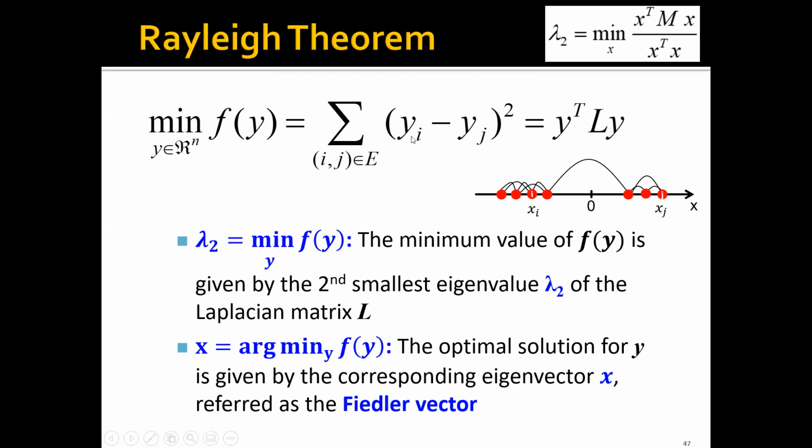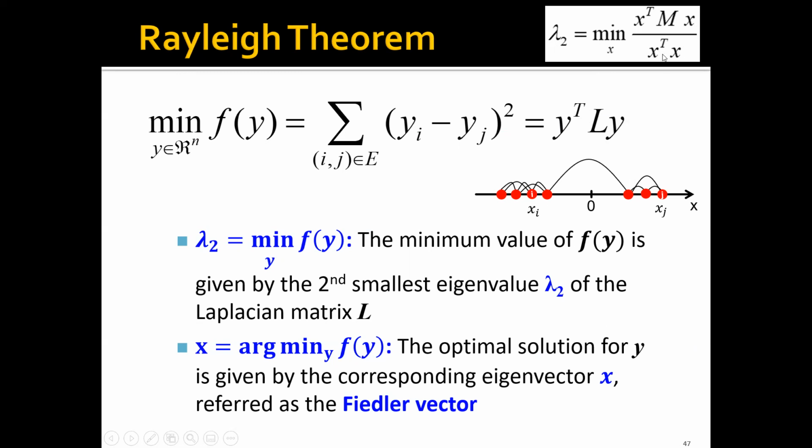The only difference is that we now allow y to be a real vector, so each entry of y can be a real value. And we have talked about this before: this equation is equal to y transpose times L, the Laplacian matrix, times y.